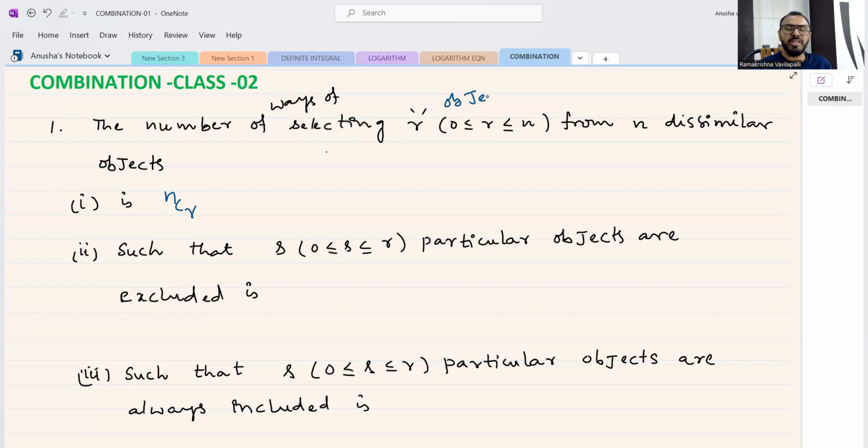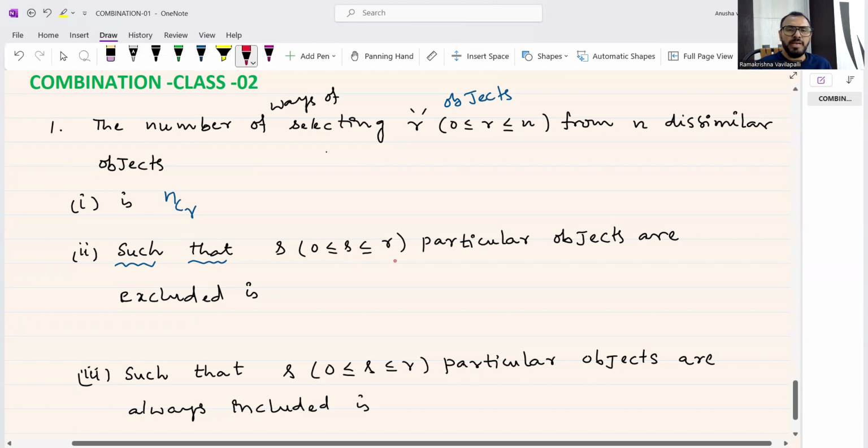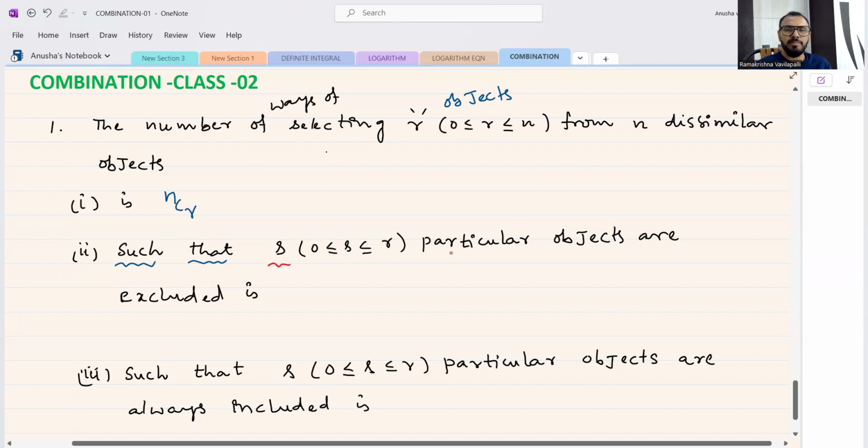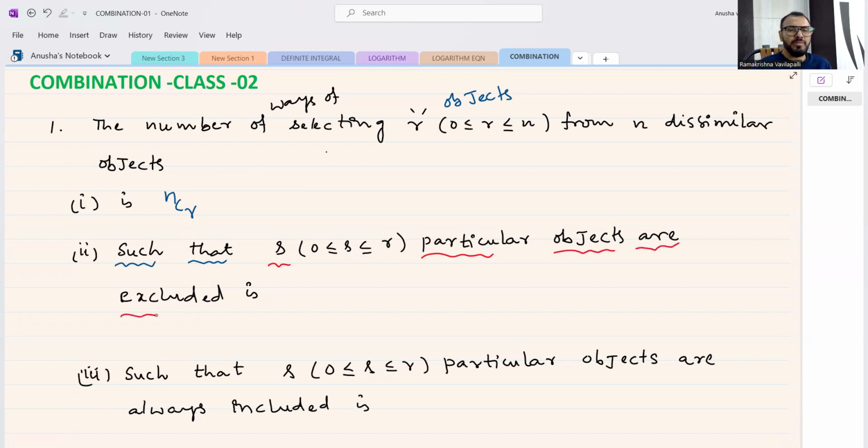Now, the number of ways of selecting r objects from n dissimilar objects such that particular objects are always included, or particular objects are excluded. Excluded means you have to remove those objects.